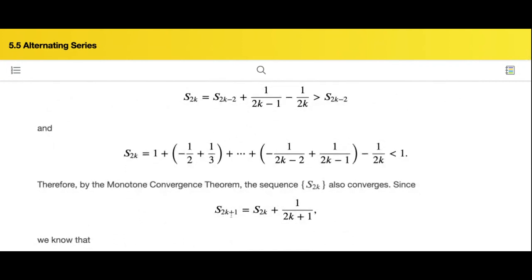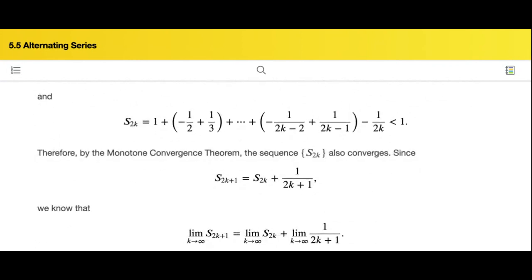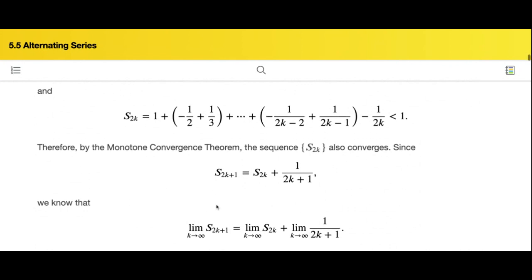So the sum of 2k plus 1 terms equals the previous term plus 1 over 2k plus 1. So since S2k is less than 1, those are finite numbers, bounded below, and it is decreasing.